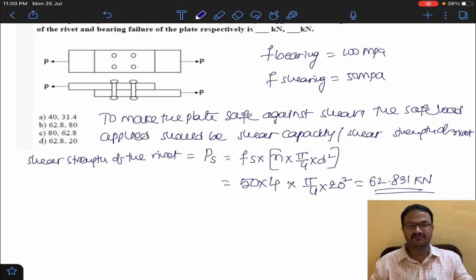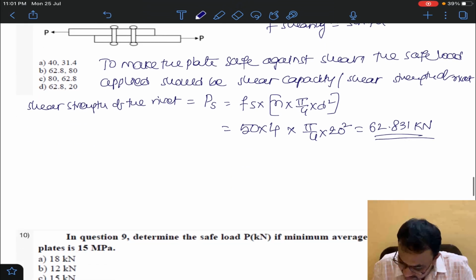Now, how much is the safe load to make the plate safe against bearing? So let me solve the puzzle.